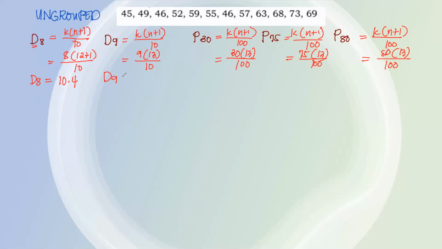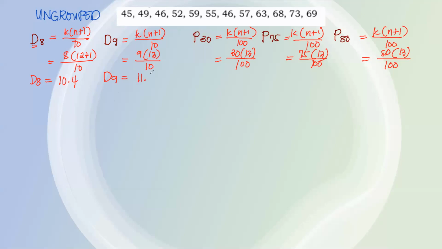D sub 9 is what? Anong value nito? What is D sub 9? 9 times 13. 11.7 po. 11.7, correct.